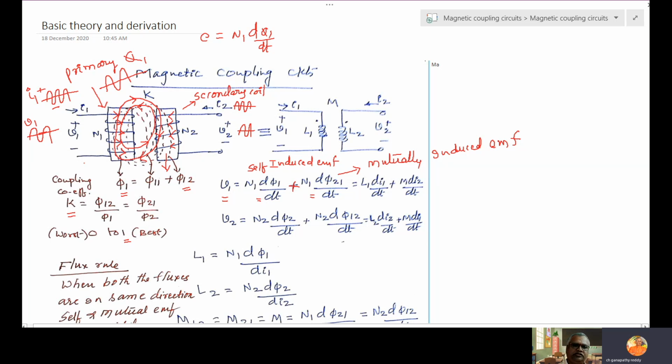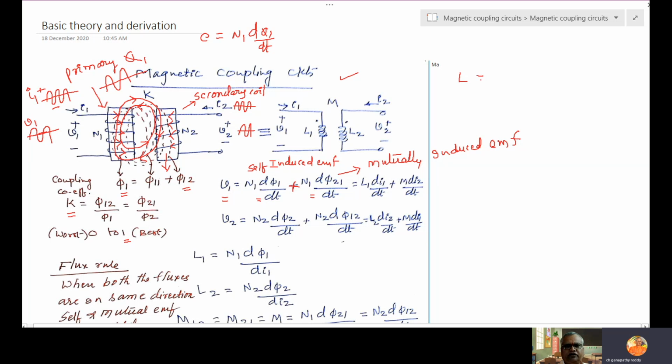Now, this whole concept is replaced with a single equivalent circuit. In this equivalent circuit, N1 is replaced with L1, N2 is replaced with L2, V1, I1, V2, I2 stay as they are, and K is replaced with M. What is L1? Self-inductance. L2 is also a self-inductance. What is M? Mutual inductance.